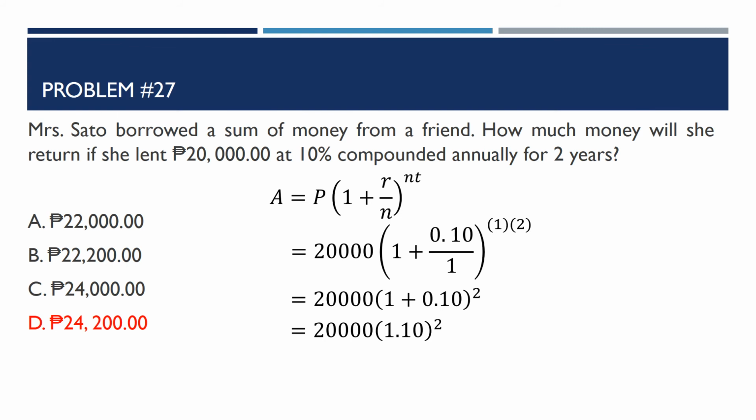Then of course, after you do the grouping, you do first the exponent based on the GEMDAS: grouping, exponent, multiplication or division, and then addition or subtraction. So 1.10 squared is 1.21, and then multiply 20,000 times 1.21, that's 24,200, and that is the future amount for 2 years.